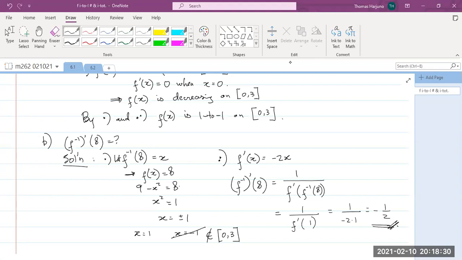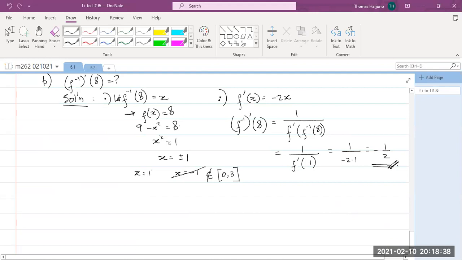Okay, I don't think I will do all of this, but finding the domain and range is actually quite interesting. The domain and range: f(x) equals 9 minus x squared on that interval 0 to 3.